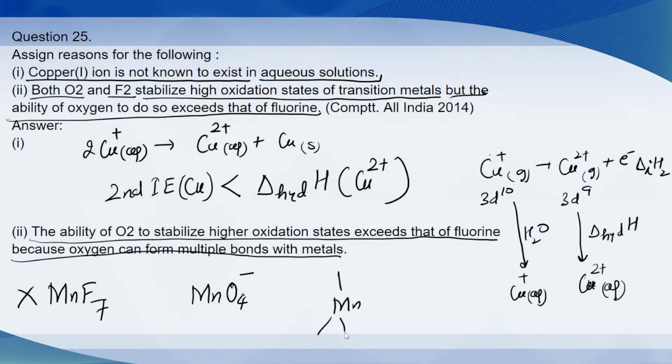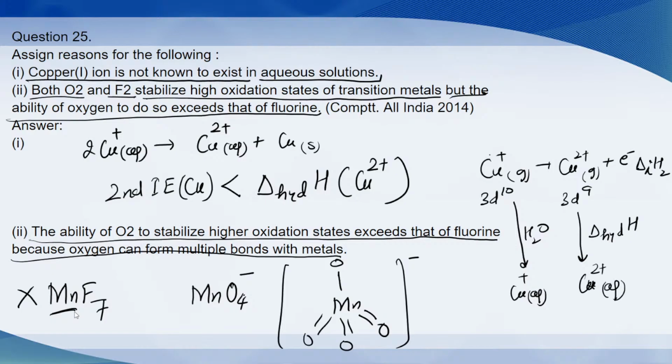Only 4 oxygens are required. But in the case of fluorine, we need 7 fluorines to show its oxidation state as +7. And it is very difficult to accommodate 7 fluorines around manganese.